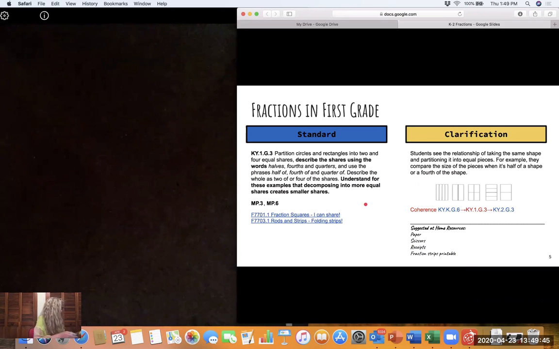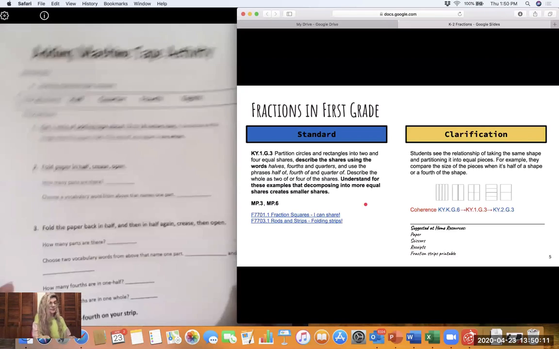So our next one, also coming from that KNP guide, is titled Rods and Strips. And with rods and strips, what you actually do is work with adding machine tape.